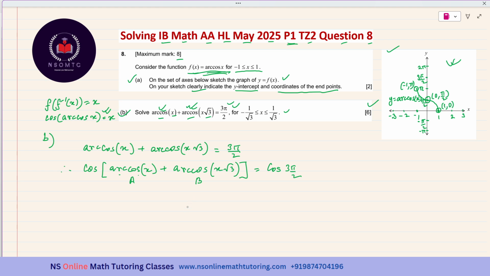And we know the compound angle identity, cos A plus B. You have this identity in your formula booklet. It is cos A cos B minus sin A sin B.